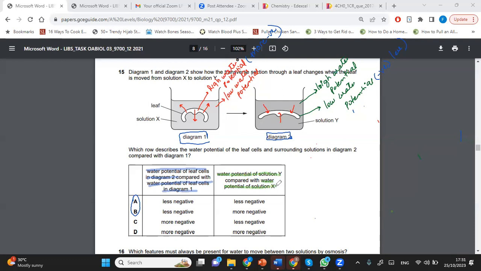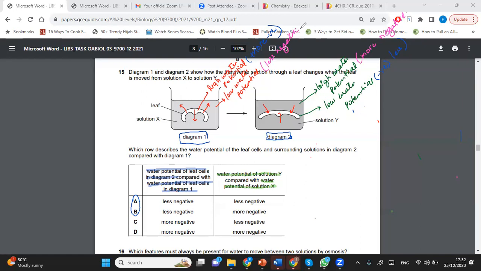Now, what is happening over here is this: we have to look at the solution. Solution Y over here has high water potential, which means that it is going to be more negative, right? While over here, if you look at diagram 1, this solution has a lower water potential.